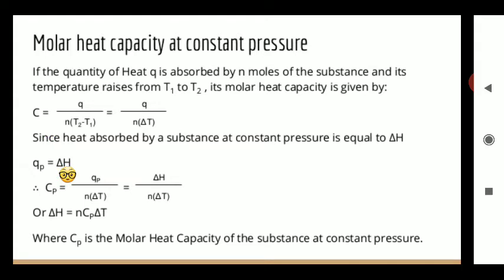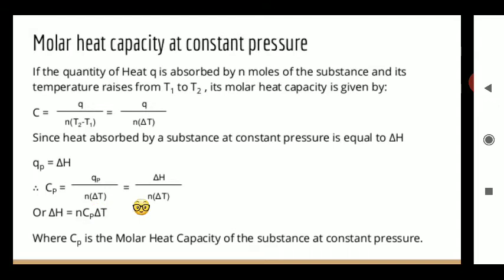Delta H. So whenever heat is supplied to a system at constant pressure, it is responsible only for bringing the change in heat content, where delta H is equal to H2 minus H1. So we can say Qp is equal to delta H, and this delta H is equal to H2 minus H1.